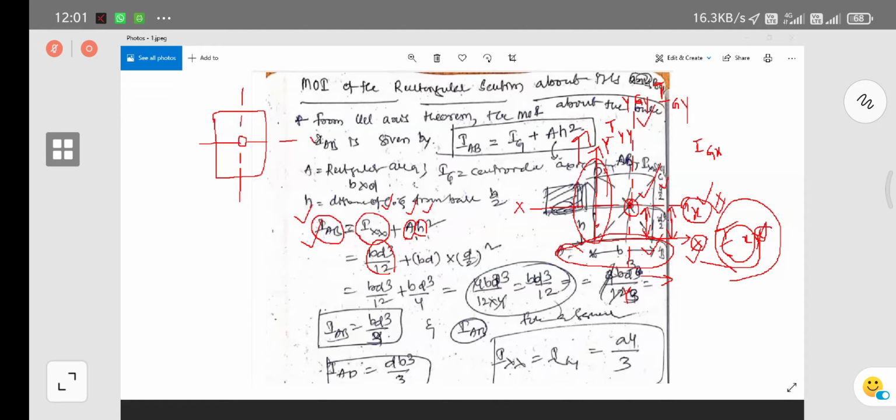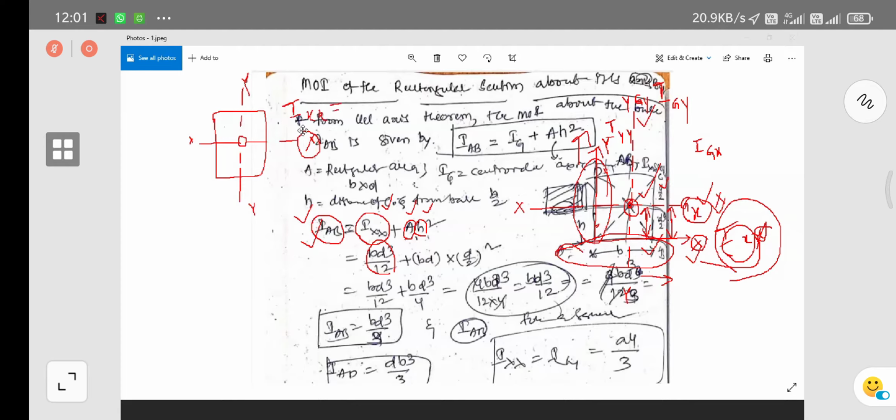The central axes are my xx and yy. You can take Gx and Gy, no problem. So the moment of inertia about the xx axis, Ixx, is equal to how much?